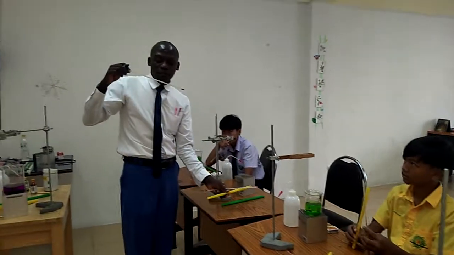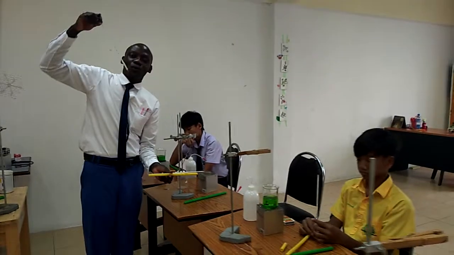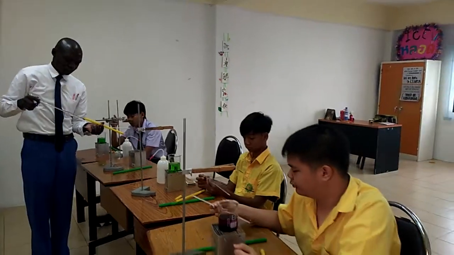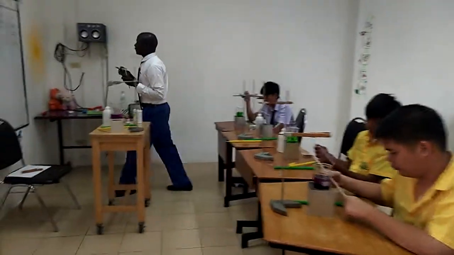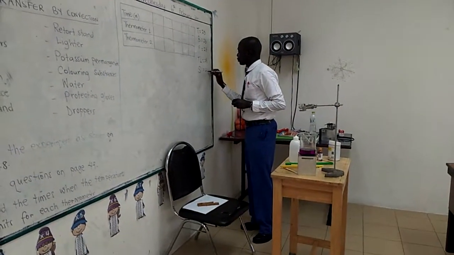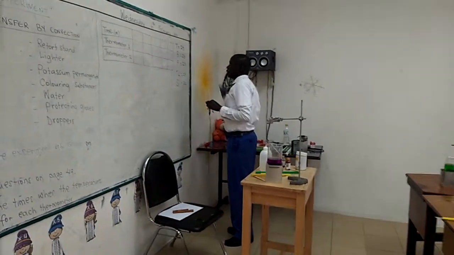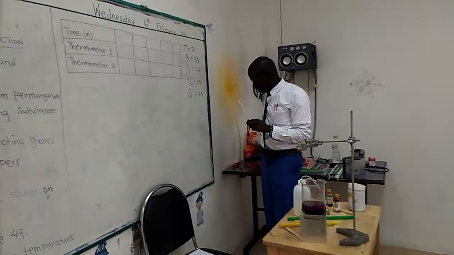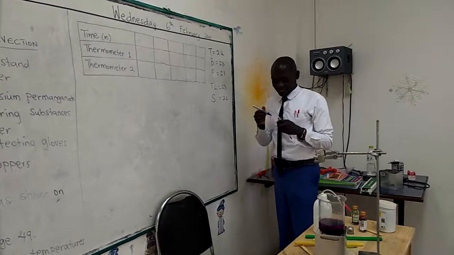For Satang, it is at 22. So Satang has 22. So for Mr. Tool, yours is 24, right? Okay. So we have got different thermometer readings.